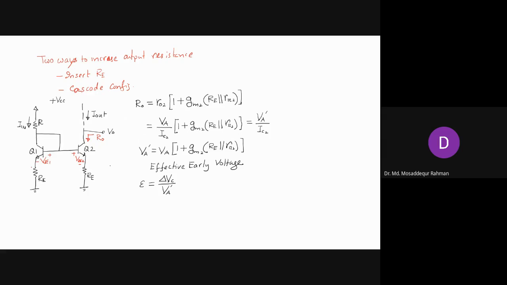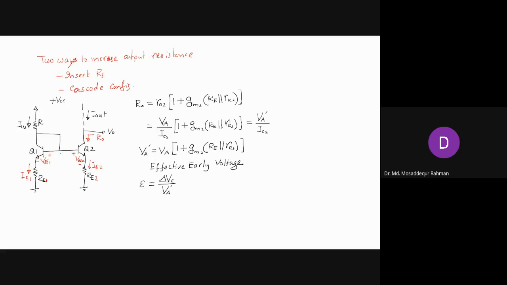Let's see. Say you are using two different values of RE here, RE1 and RE2, different resistances. If you use different resistances, then the current will also be different. Let's say this is IE1 and this is IE2.